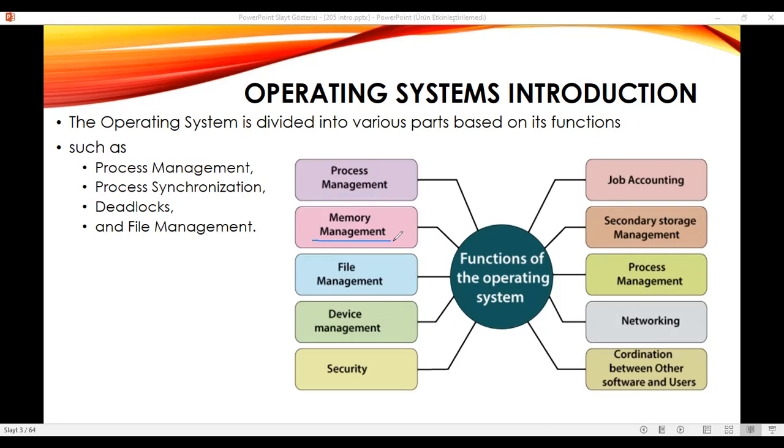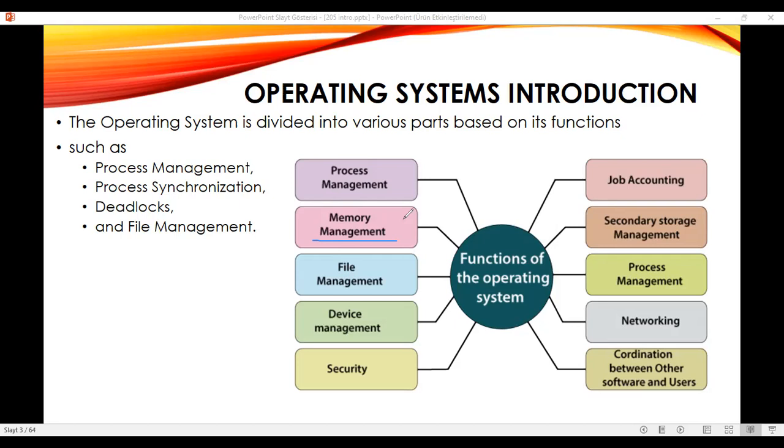Also memory management: it manages the main memory, which processes will be put into main memory, and how much space is left. If the memory is full, which process should be removed. All these things are memory management.